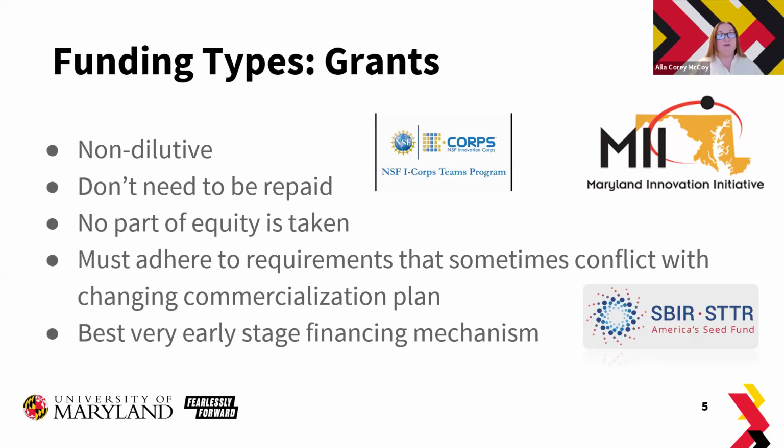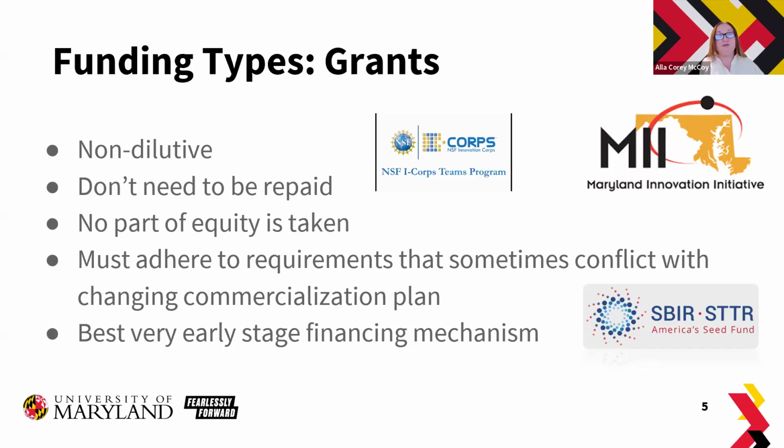However, you have to be careful when you take out grants because grants usually still do come with strings. You have to adhere to very specific requirements. There are reporting requirements.